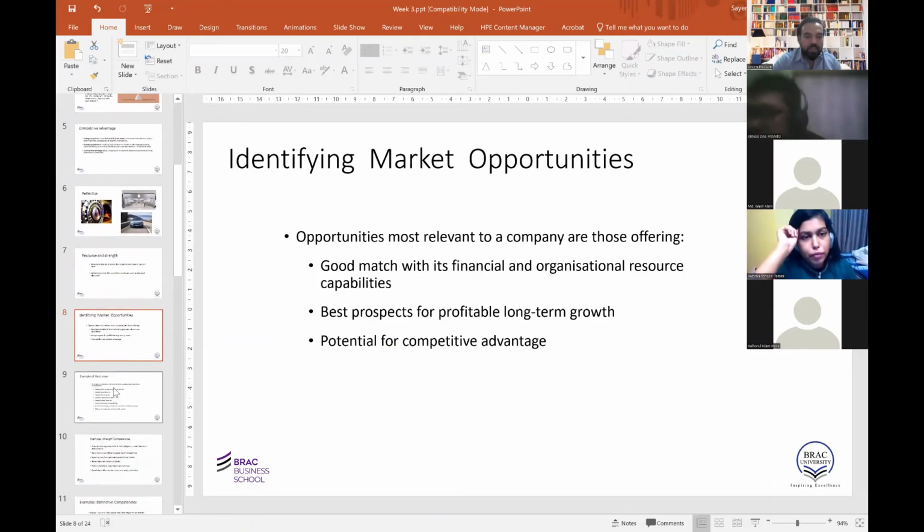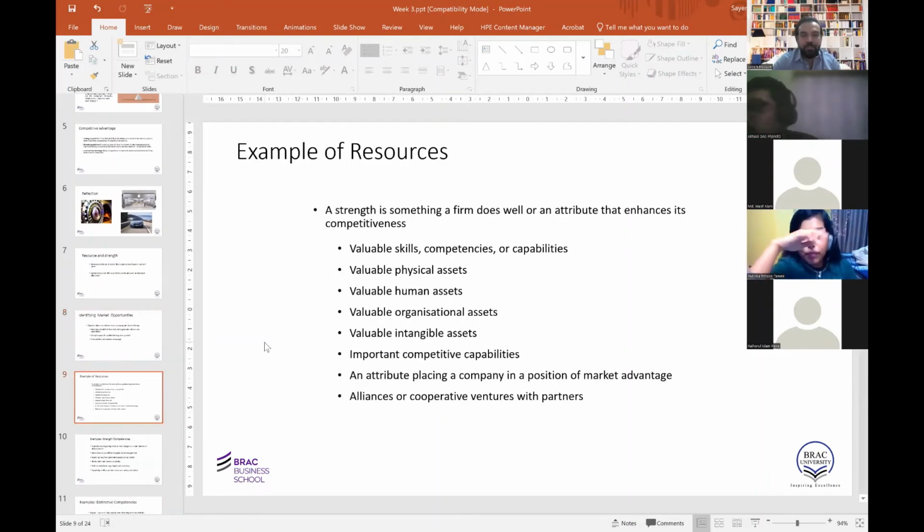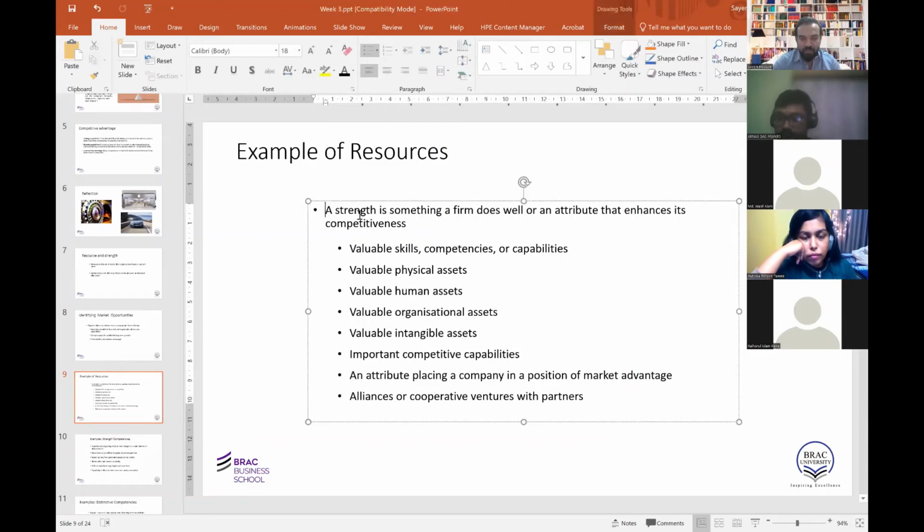Now, we'll talk about some examples. Examples of resources. A strength is something a firm does well or an attribute that enhances its competitiveness. So these are valuable skills, competencies and capabilities, valuable physical assets, valuable human assets, valuable organizational assets, valuable intangible assets, and some important competitive capabilities.